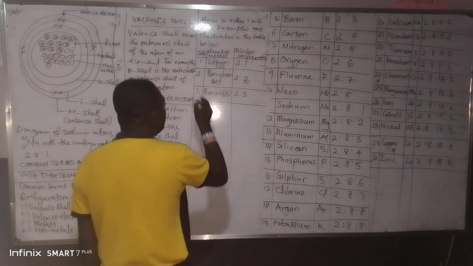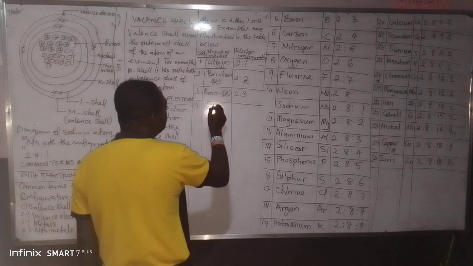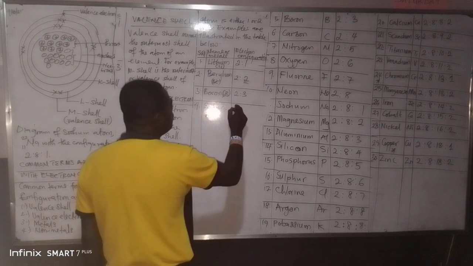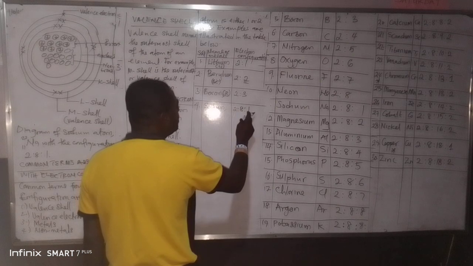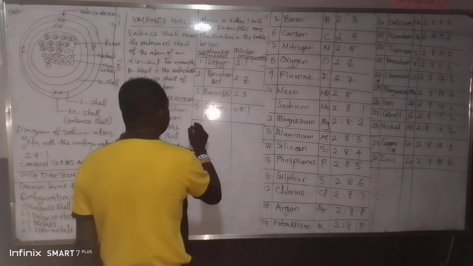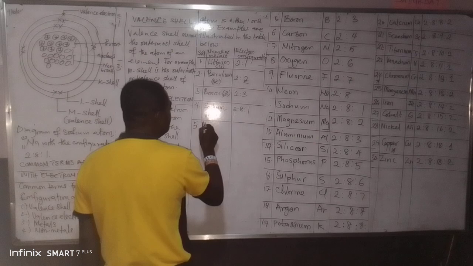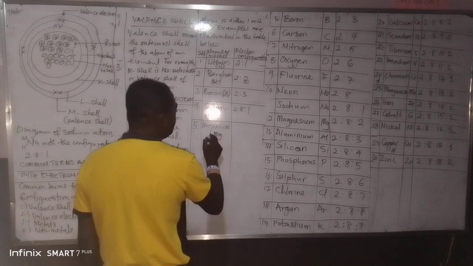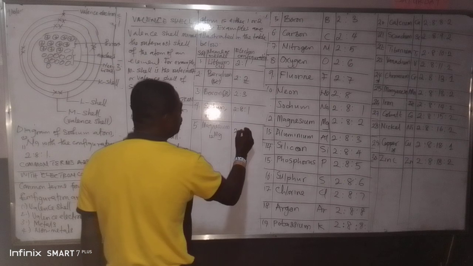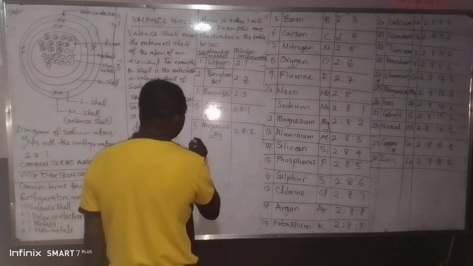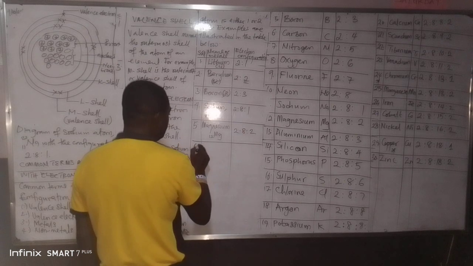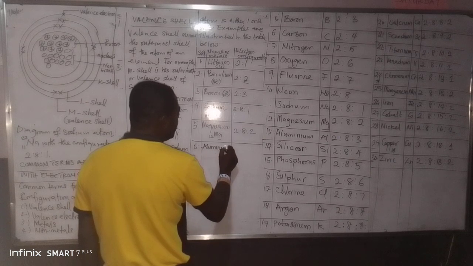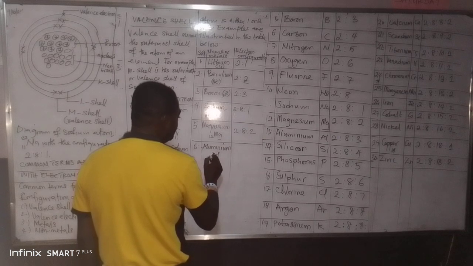Then number 4, we have sodium, Na11. That is 2, 8, 1. So it's a metal. Then we have magnesium, Mg12. That's 2, 8, 2. Then number 6 we have aluminium, Al13.